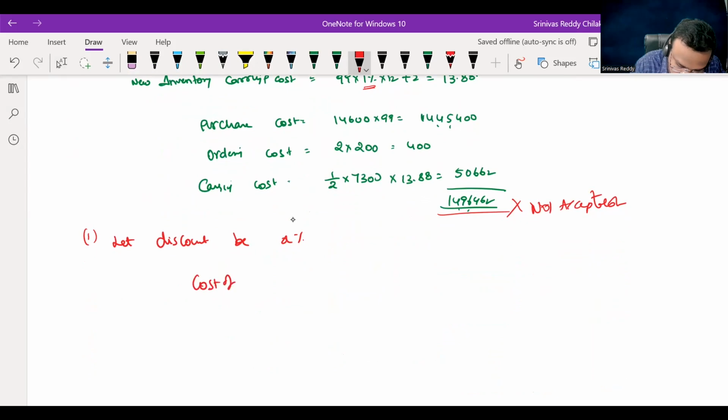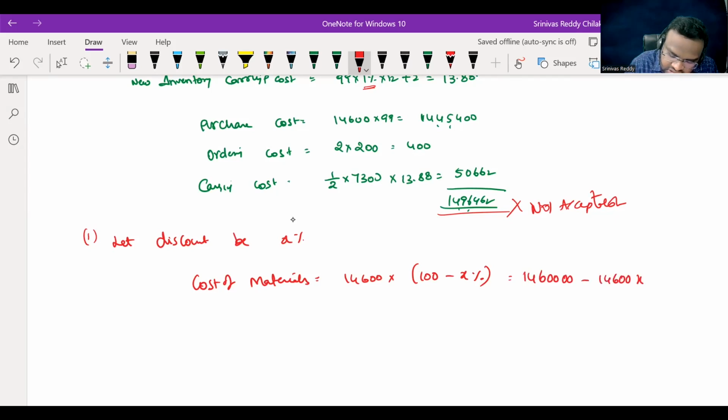Cost of materials would be 14,600 into 100 minus X percentage, which I'll write as 14,600 minus 14,600X.